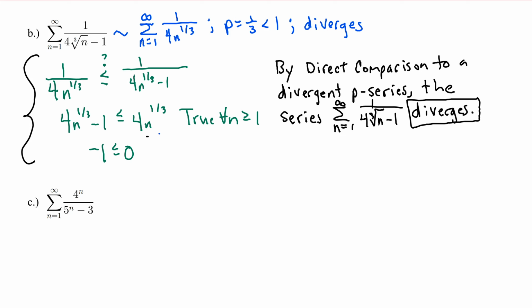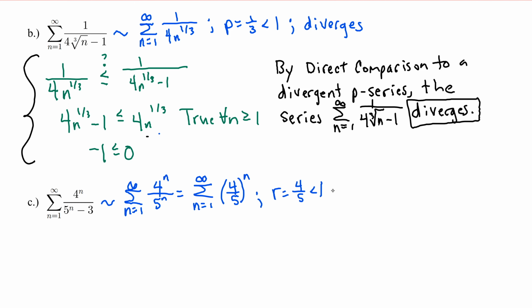The sum from n equals 1 to infinity of 4 to the n over 5 to the n minus 3. Now, I notice a common power of n in the numerator and the denominator. So this is similar to the sum from n equals 1 to infinity of 4 to the nth power over 5 to the nth power, which, if I rewrite it like this, you may recognize as a geometric series, because the common ratio r, which is 4/5, is less than 1.